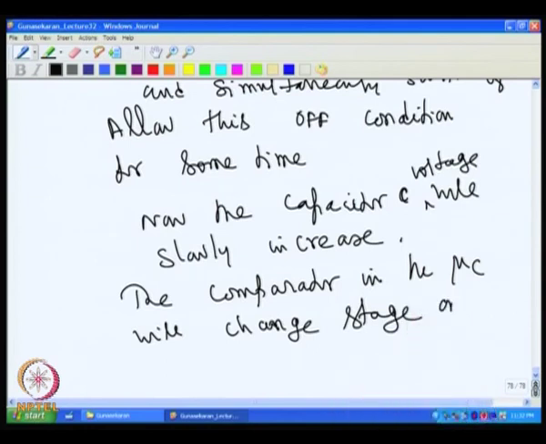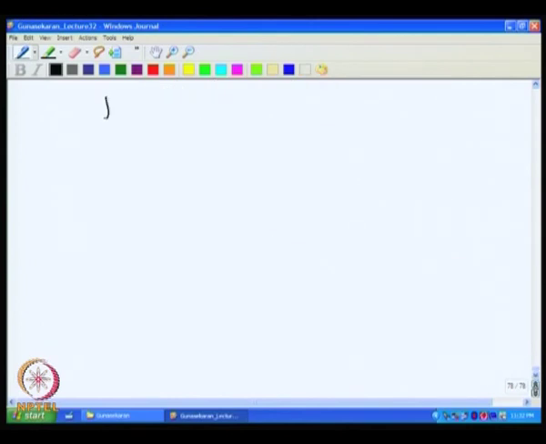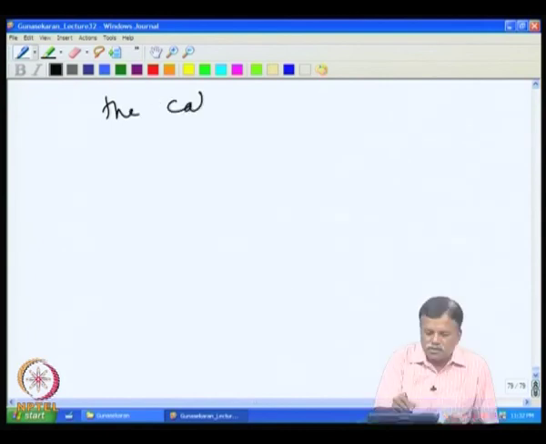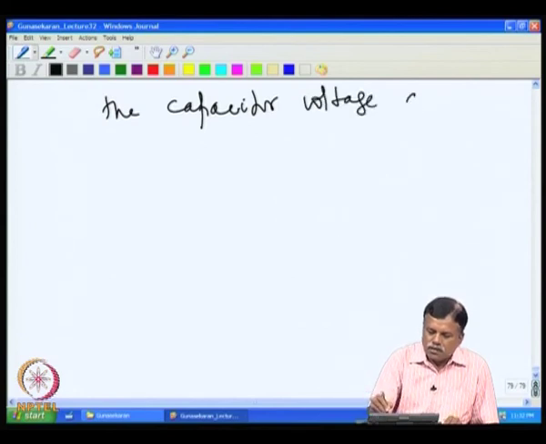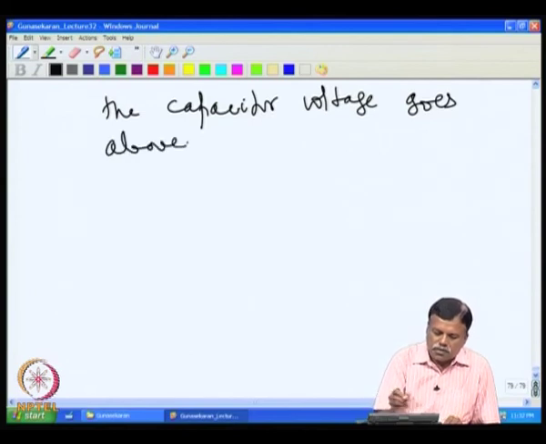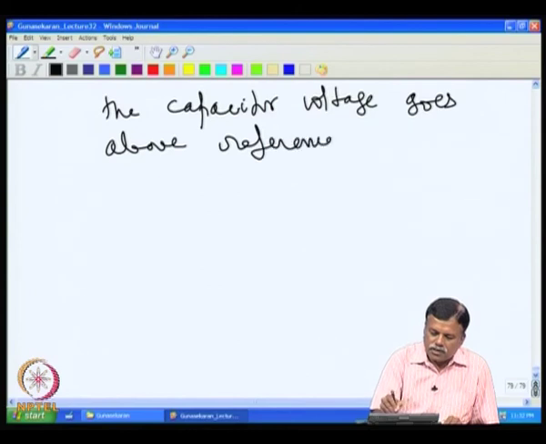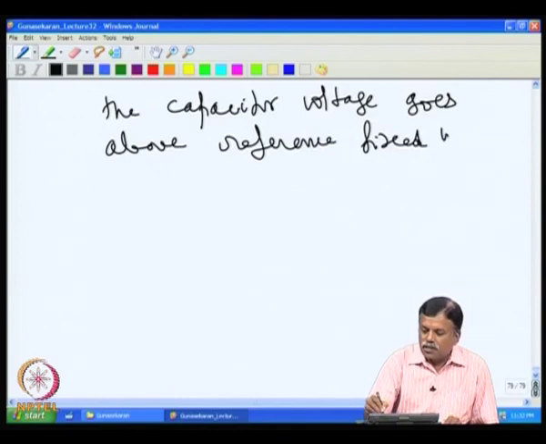once the capacitor voltage goes above the fixed reference inside the microcontroller.